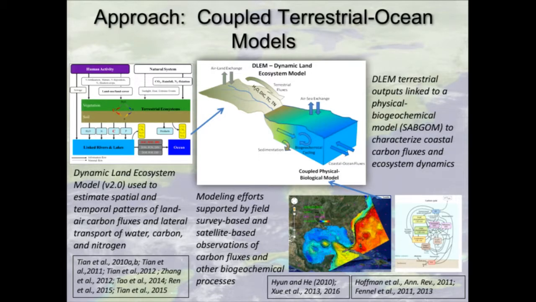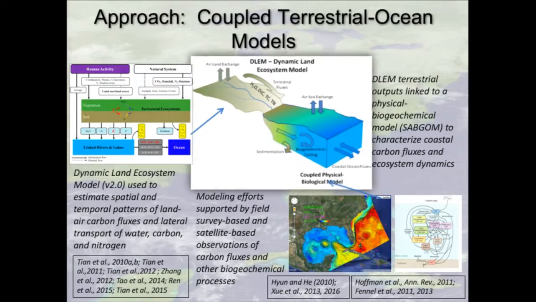And that provides input then to the ocean model, which has been handled by a team at North Carolina State University and also George Zhu, who's now at LSU, as well as Katja Fennell at Dalhousie. And Katja's been responsible for the biogeochemical component of that. The physical portion of that model is based on the HICOM ROMS coastal model system.